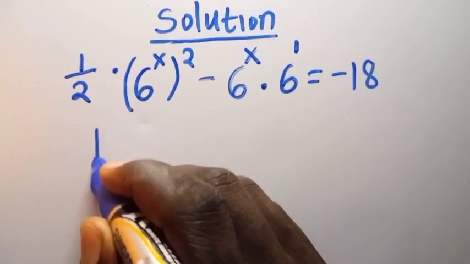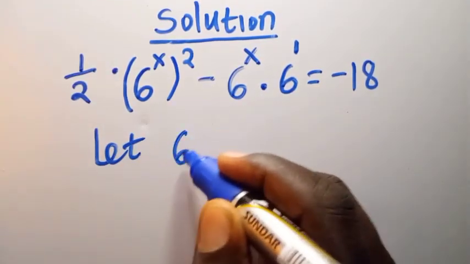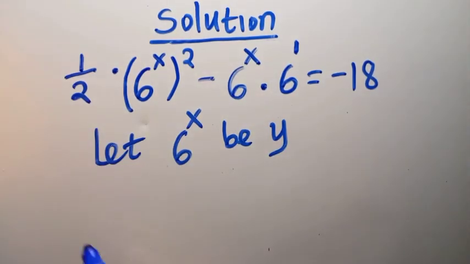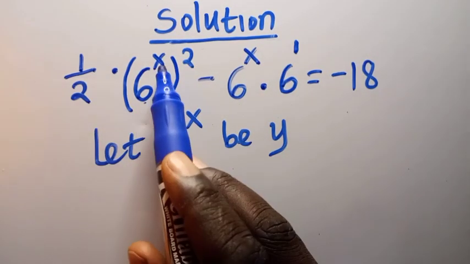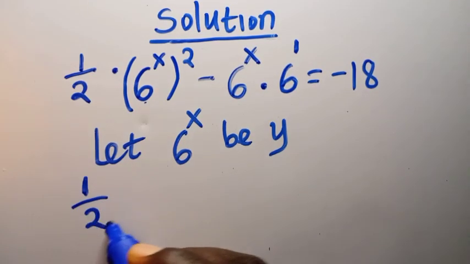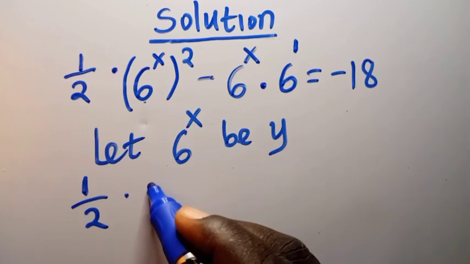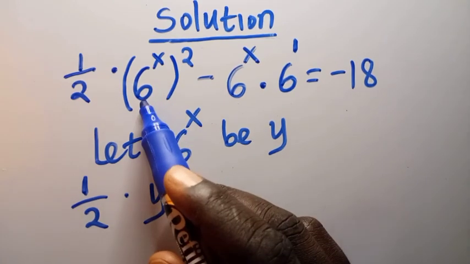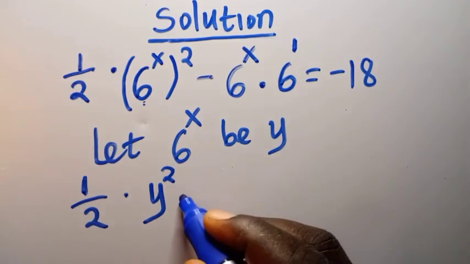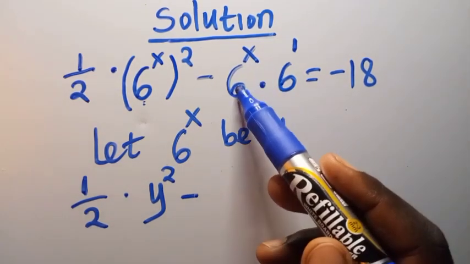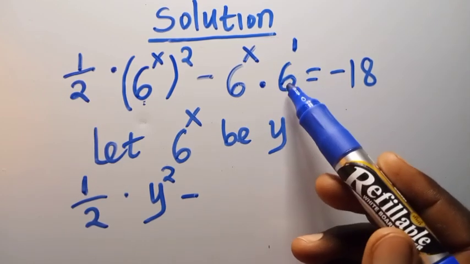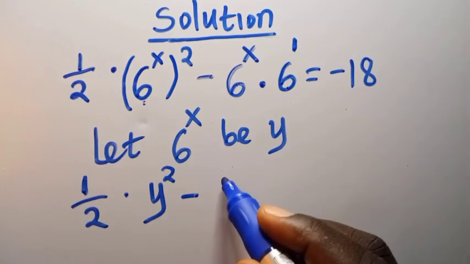That is, let 6 raised to x be y. Therefore I substitute 6 raised to x with y, so that we have a half times y raised to 2, then minus y times 6, because 6 raised to 1 is 6. 6 times y will be 6y.